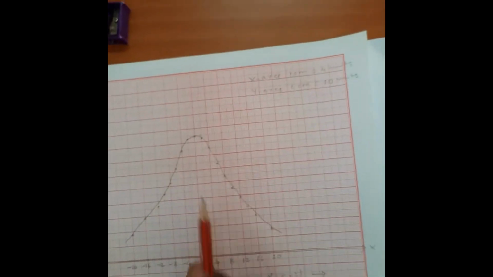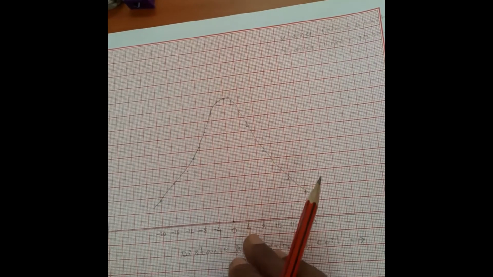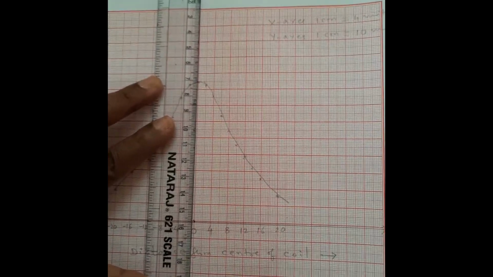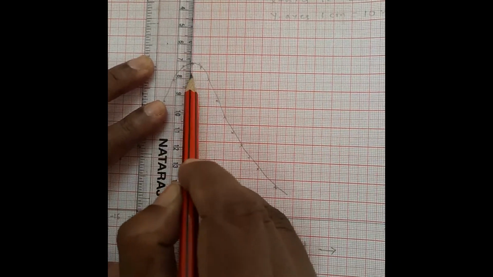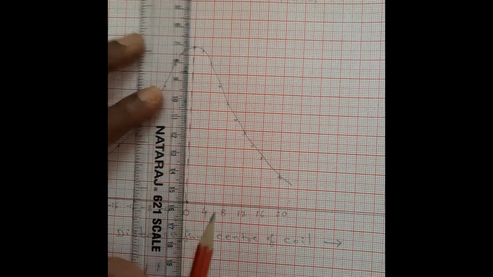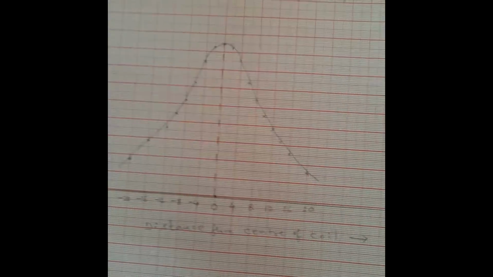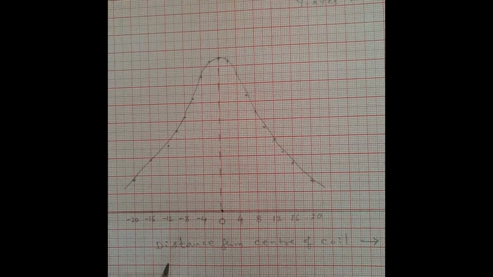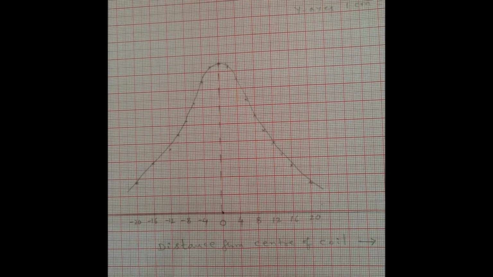At the center it is common, the value is observed to be 84.1, that is the same. So you can mark the center value like this. So this is the way of plotting the graph, and this is the result that you have to document in the experiment.